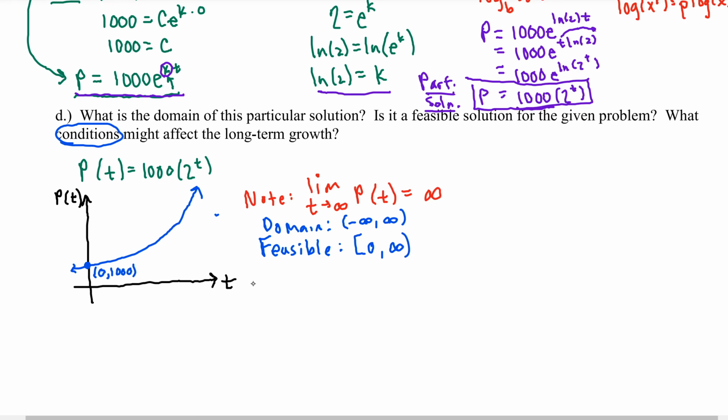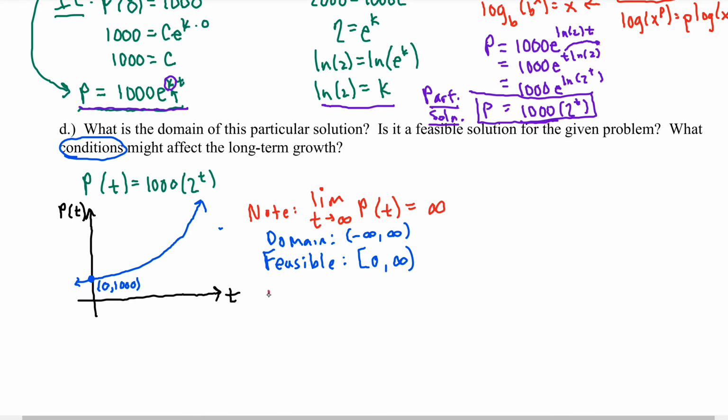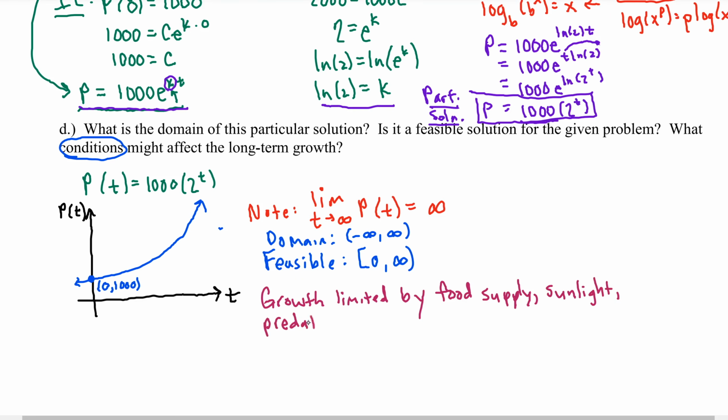For example, the growth of this bacteria might be limited by conditions such as food supply, availability of sunlight, presence of predators, space available, disease, etc. So there's all sorts of external conditions that would interact with this model that would probably prevent that bacteria from taking over the earth.